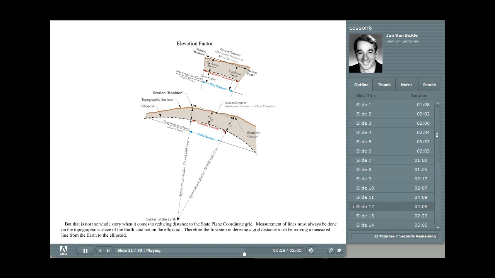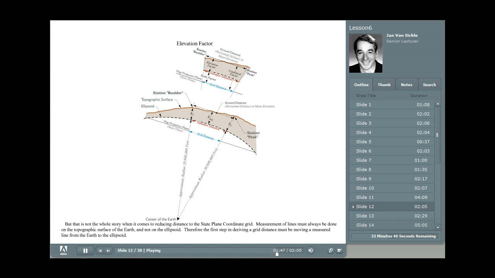And then that combined factor is used to go all the way from the topographic surface of the Earth down to the grid. This is one way that distances are reduced to be able to move from the Earth to the state plane.